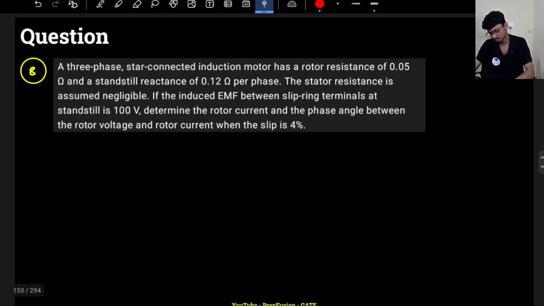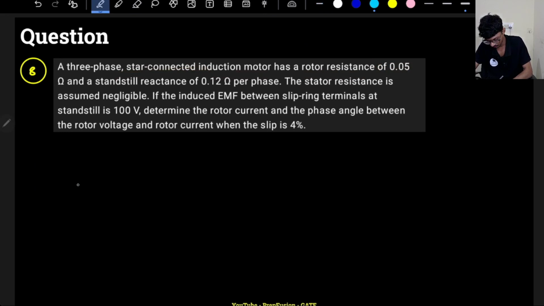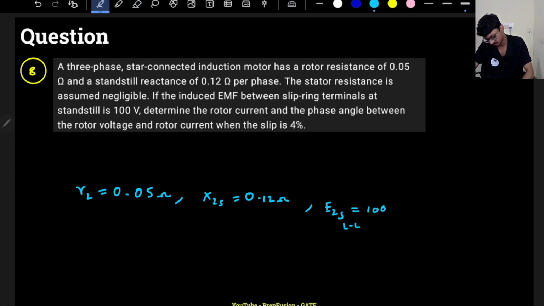The next question is this one: a three-phase star connected induction motor has a rotor resistance of 0.05 ohms and the standstill reactance is 0.12 ohms per phase. The stator resistance is almost negligible. The EMF induced between the slip ring terminals at standstill, so E2S, is equal to 100 volts line to line between the slip ring terminals.